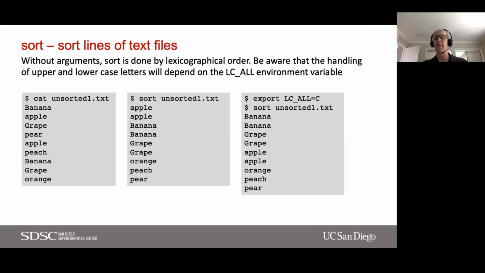So in this case, we've got banana and grape appearing before apple, orange, peach, and pear, even though you would normally think of banana and grape as coming after the A's.